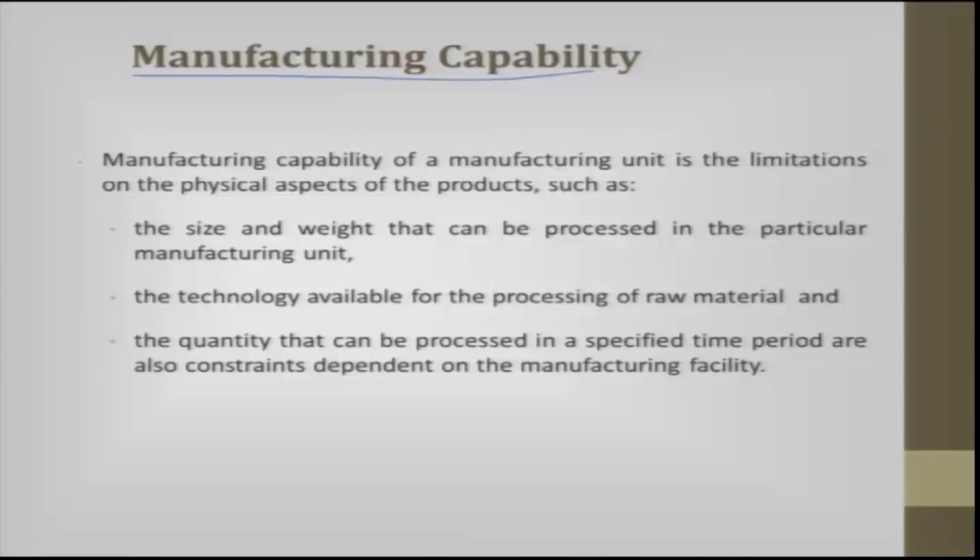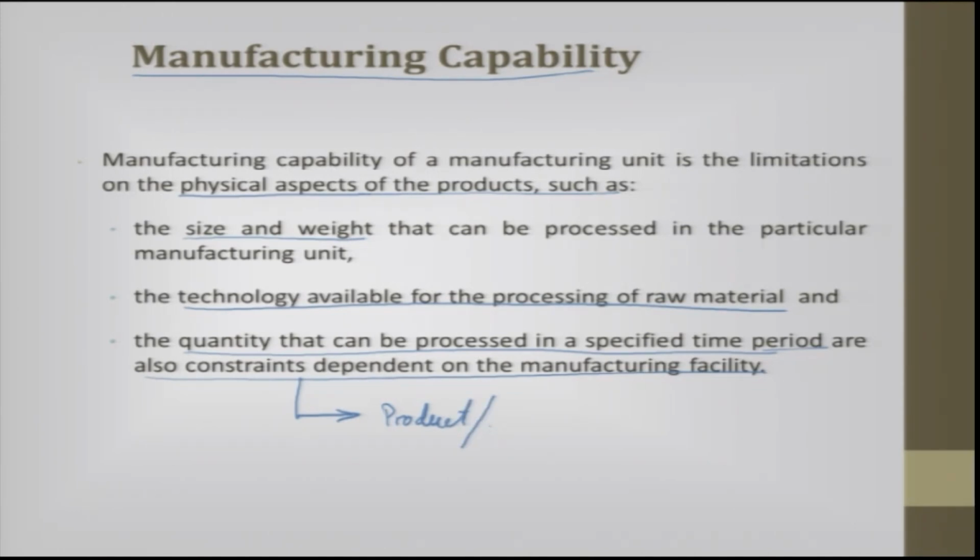Manufacturing capability of a manufacturing unit is the limitation of the physical aspect of the product, such as the size and weight it can handle, the technology available for processing raw material, and the quantity that can be processed in a specific period of time, which are also constrained depending upon the manufacturing facilities. That means, how many products can I produce in 1 hour? That is what we are trying to say here, the quantity.